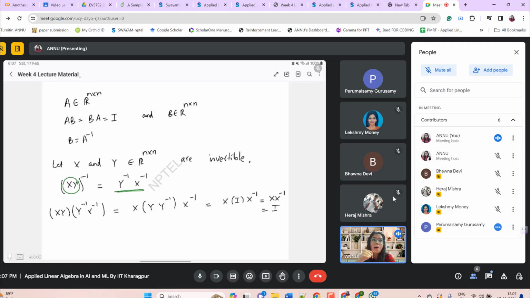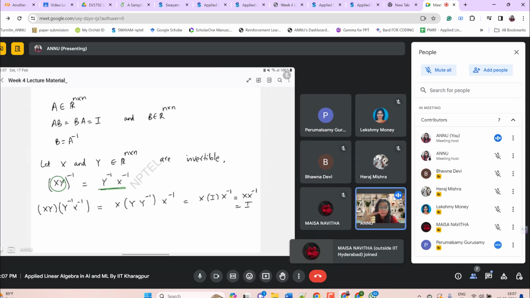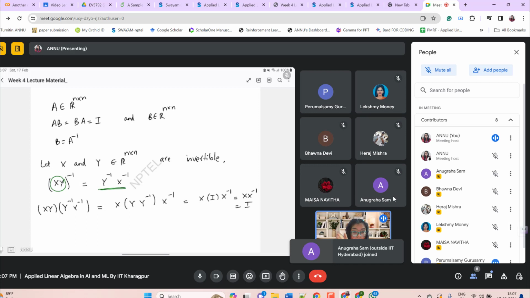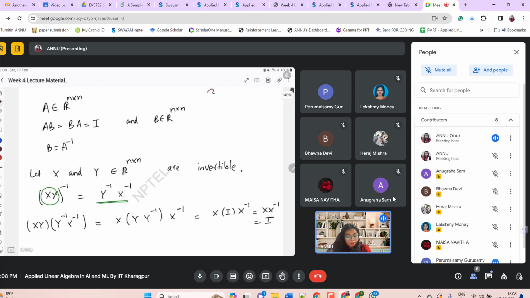Then we saw that whenever left inverse and right inverse are equal, that is the case of a square matrix, and in that case you also have a unique inverse that exists. So from here we will start week 4. We saw left inverse equals right inverse for a square matrix, because that was the only common thing.